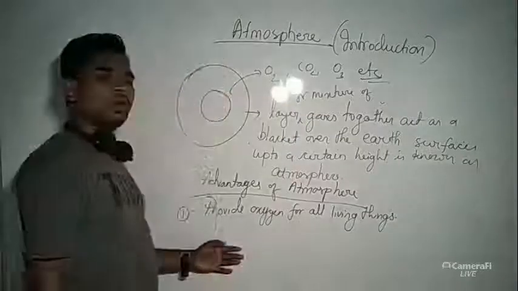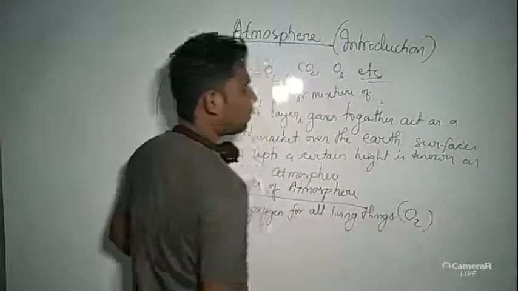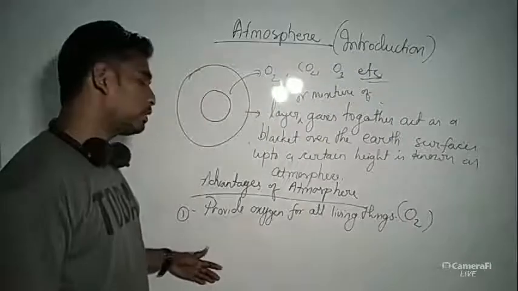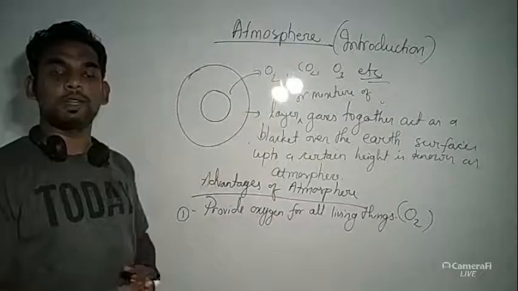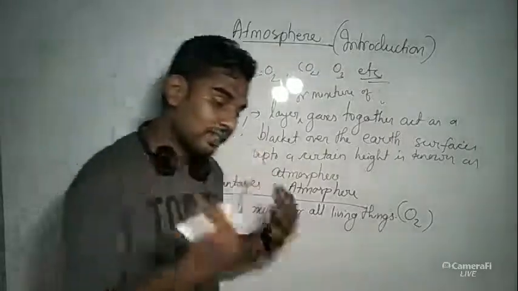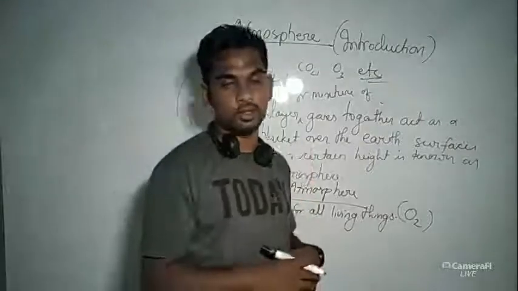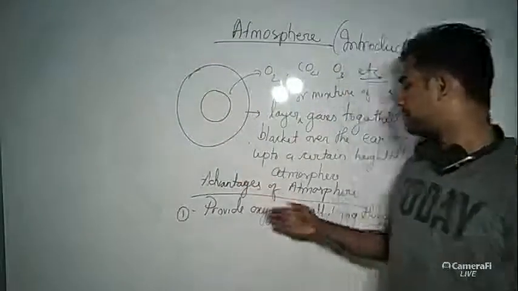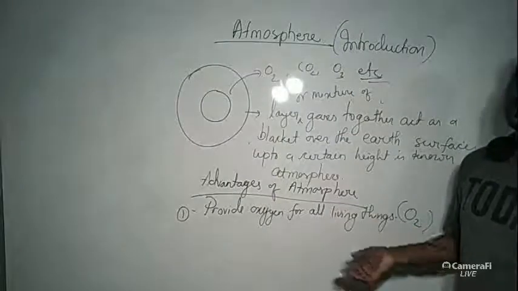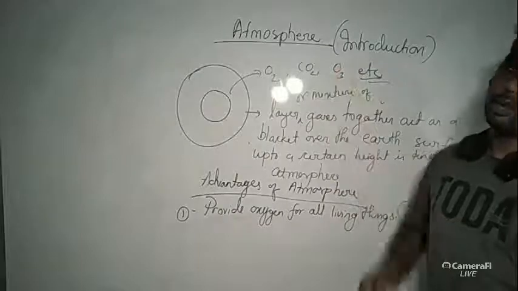We know that without oxygen it is not possible to expect life, because our cells, our tissues, and our organ systems require oxygen. Oxygen is very essential, and that is what is present in the atmosphere.